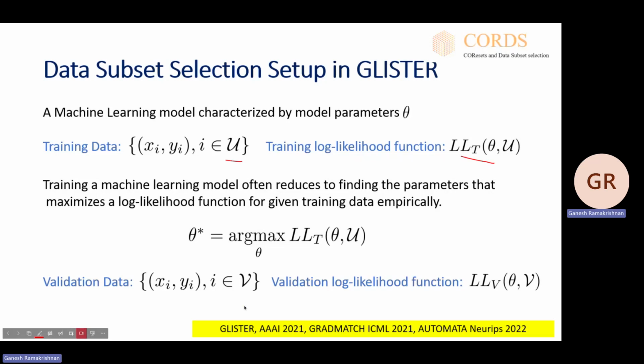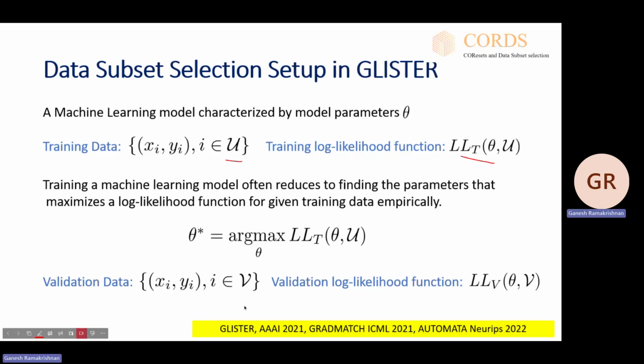Let's say I have training data U. I have validation data V. Now, the validation data may turn out to be somewhere here.